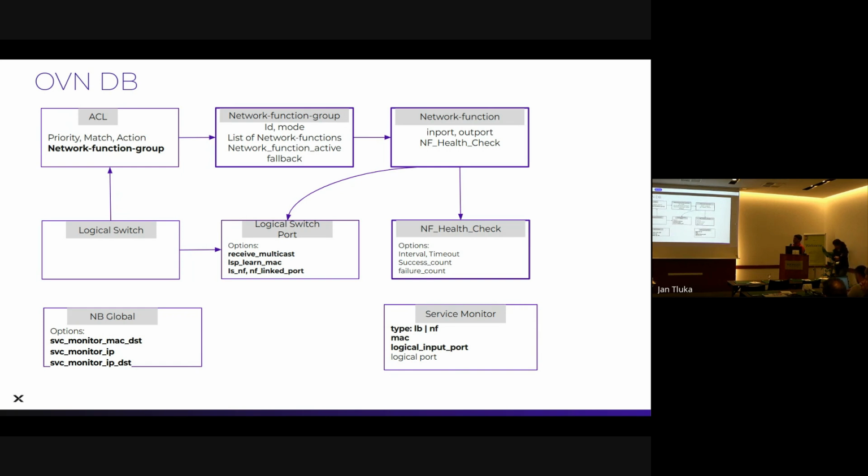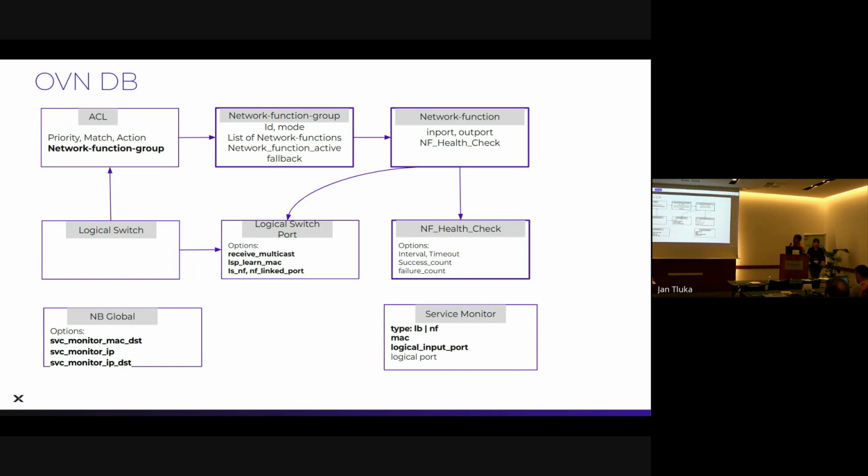NFG itself is a new table that we have added, which has a unique identifier from 1 to 255, basically uint8, the mode of insertion, which currently is inline, and the list of network functions that it is referring to. And if there are multiple network functions, the currently selected active network function is persisted here.